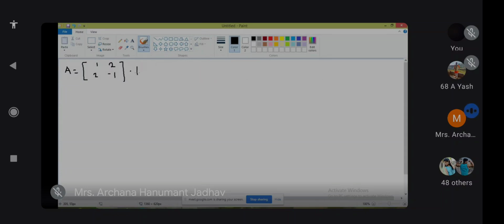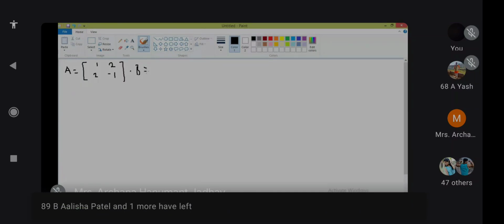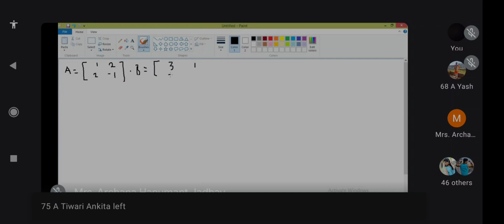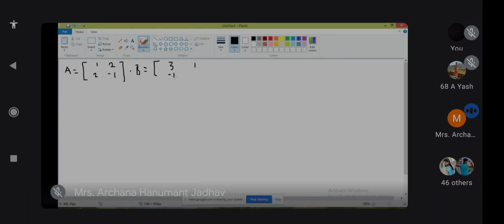And B matrix is equal to 3, 1, minus 1, 2. Here just tell me what will be the value of A plus B. Solve the example and tell me the value of A plus B.